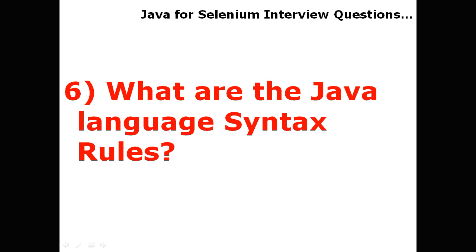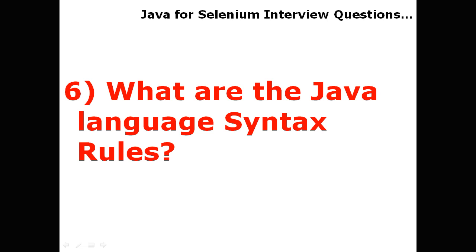Next, the first letter of a Java class name should be in uppercase. Next, Java method names should start with a lowercase letter. Next, the Java program file name should exactly match the class name. Next, public static void main method.